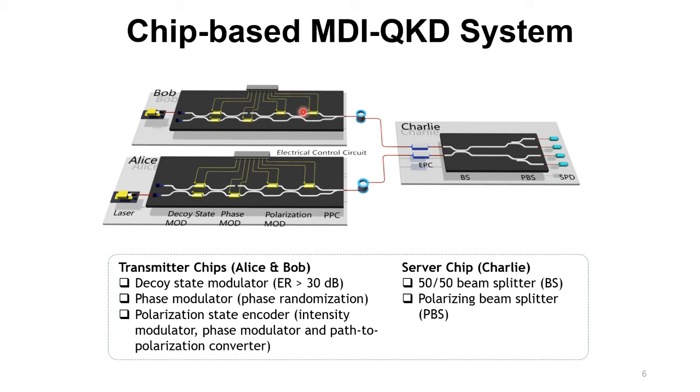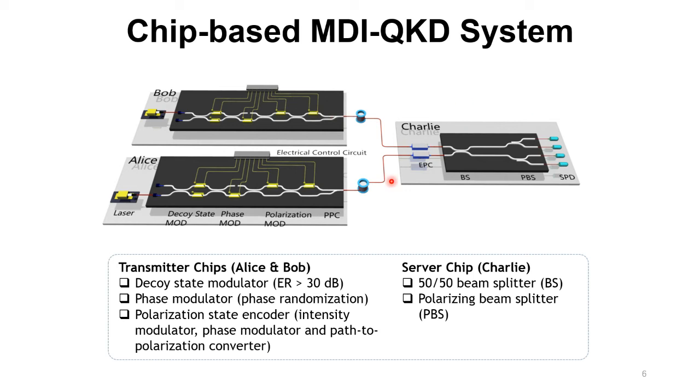The second intensity modulator and the second phase modulator, including the path-to-polarization converter, form the polarization state encoder. By tuning the two modulators, we can generate the horizontal, vertical, plus and minus states required in the BB84 protocol.